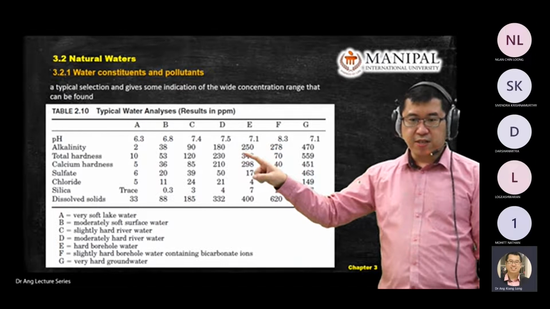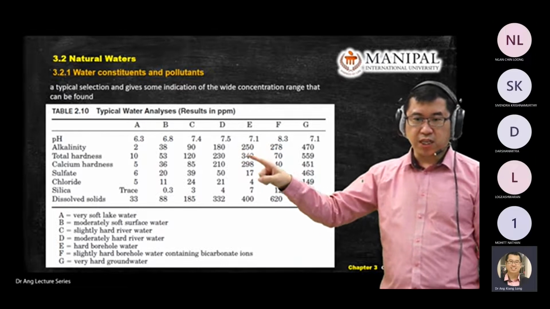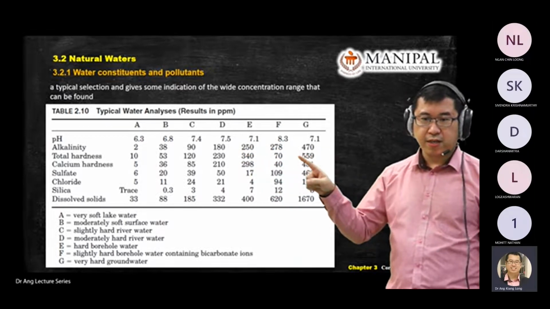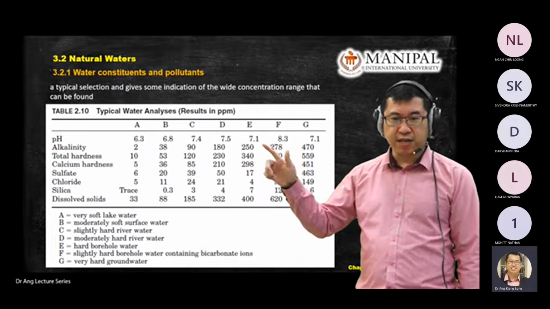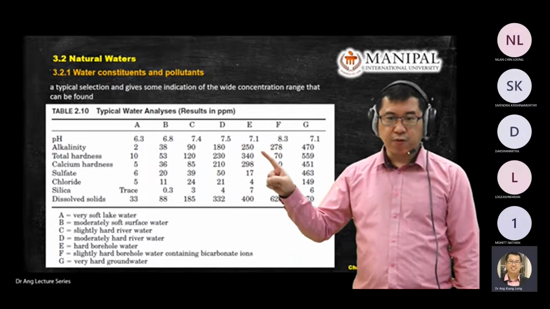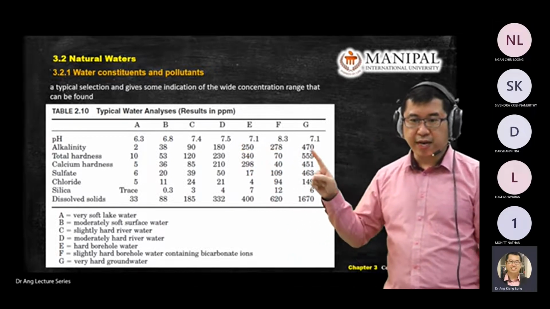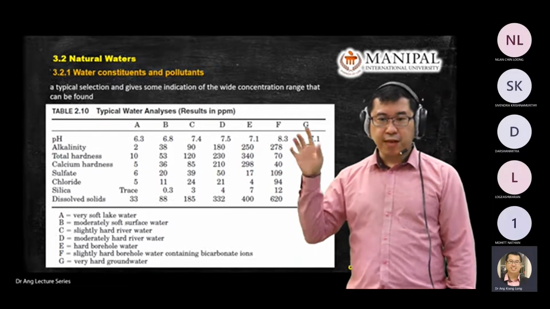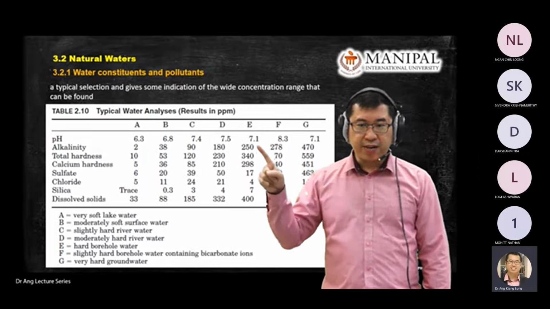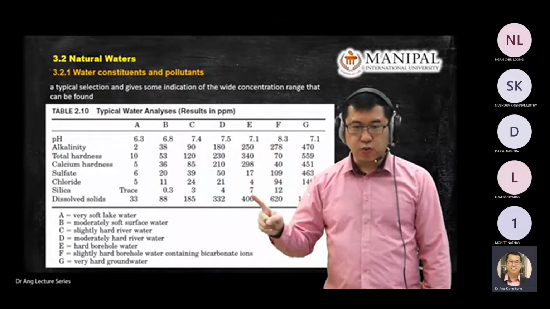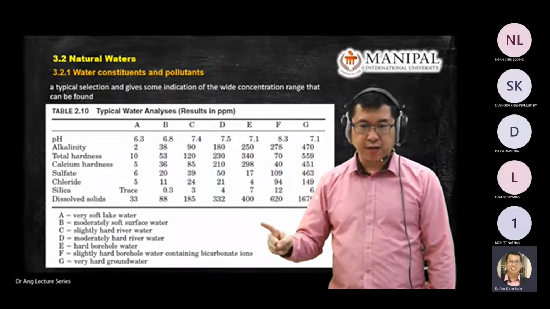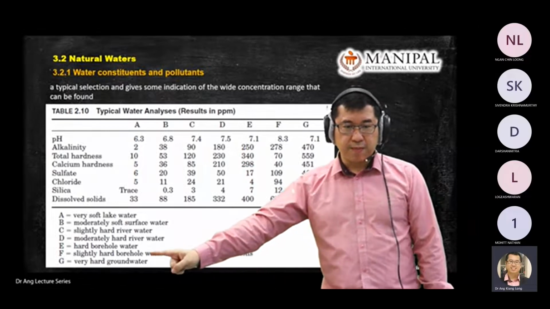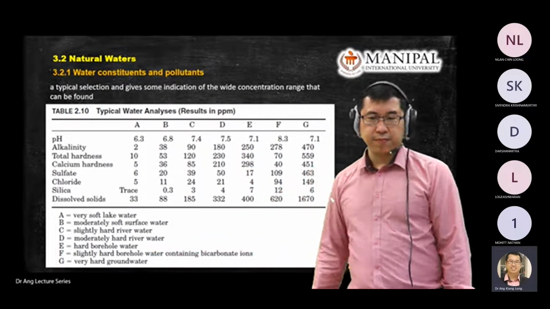So 300 is very near to E rather than G, right? It is very near to 250 rather than 470. So the sample you sent to the lab is very near to the E category, which is hard boiled water.